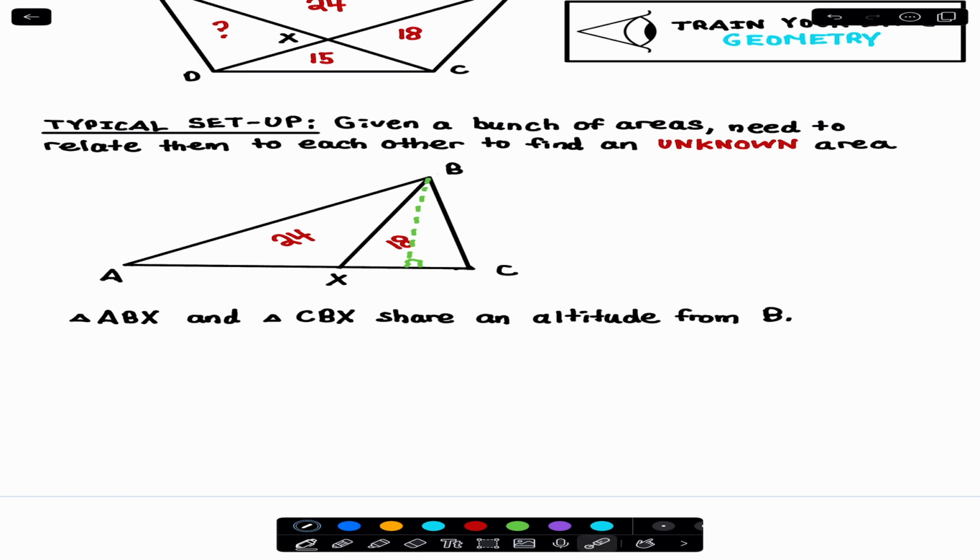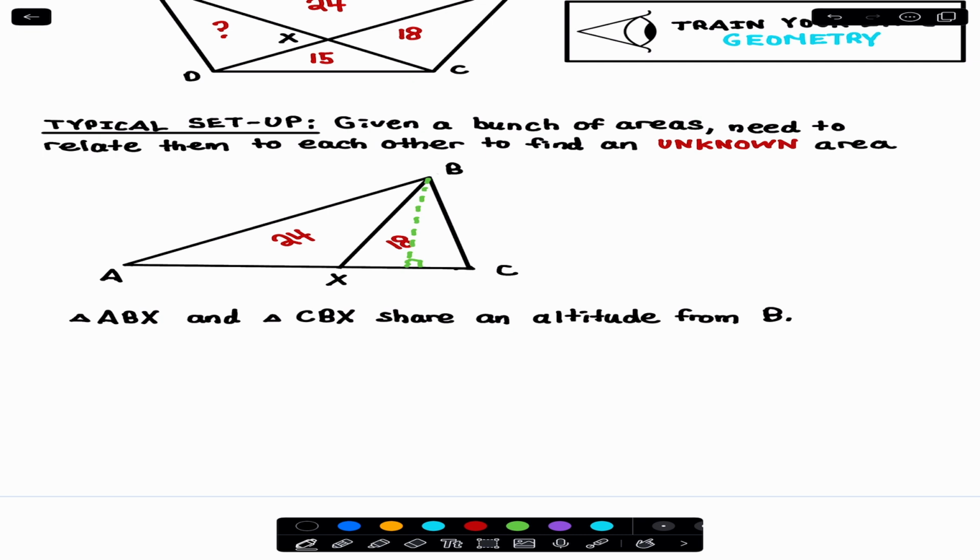There's a very specific reason why I'm writing it in this order, and I think you'll see later what I'm talking about. So make sure you see that. If you want, we can go even slower. So BCX, this is our altitude. In ABX, as before, since it's an obtuse triangle, we need to extend this side, and then the altitude meets here.